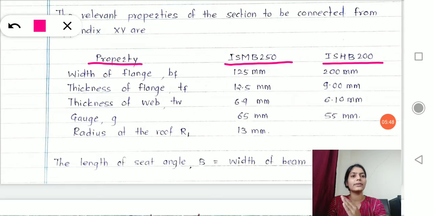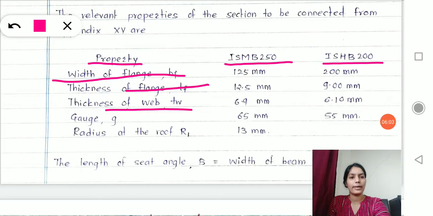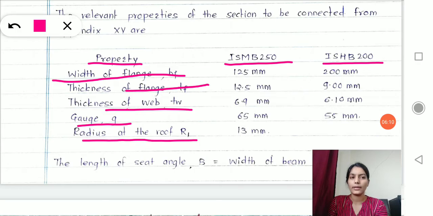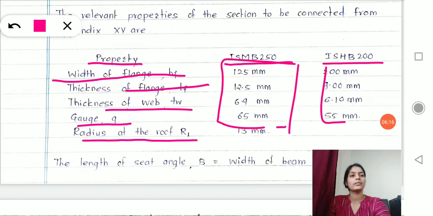Two sections are supposed to be connected with each other, and their properties are enlisted here: width of flange, thickness of flange, thickness of web, gauge, and radius of the root r1. I am enlisting it for both sections in this table format.